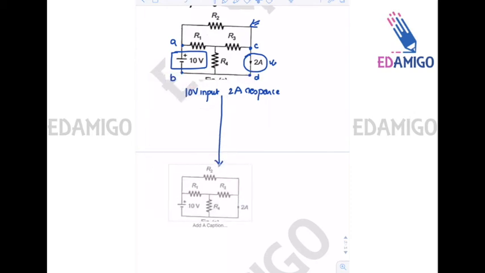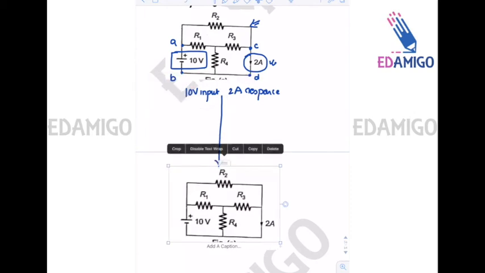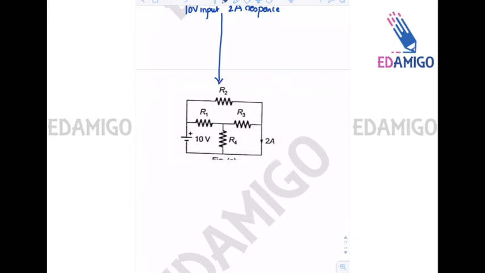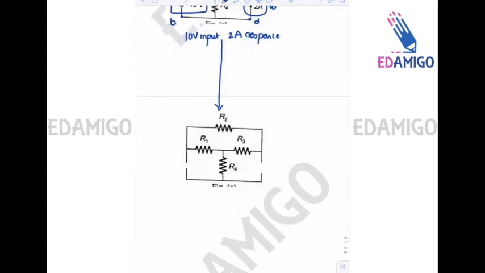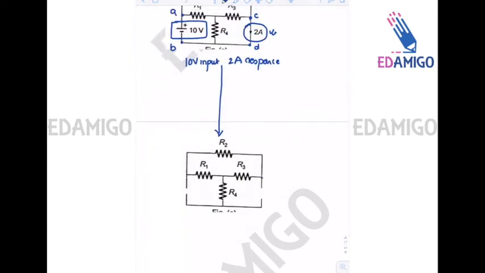So in the same figure, if I interchange the location of response and excitation, between the C and D terminals I will apply a battery of 10 volt, and between the A and B terminals I will apply an ammeter.